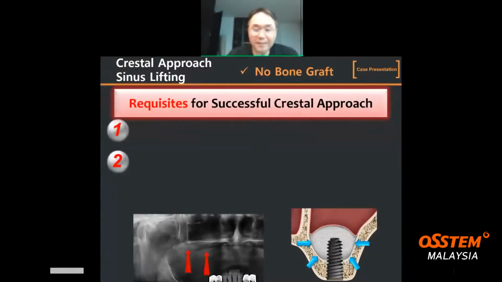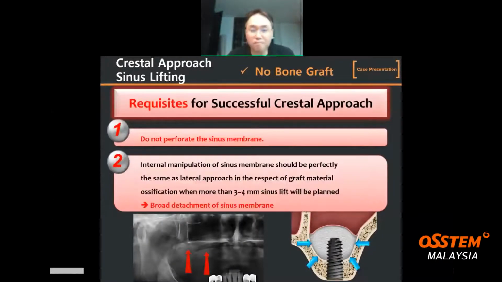So in the previous case, I used this osteotome, but let's remind ourselves of the requisites for a successful crestal approach. To perform successful crestal approach sinus lifting, we should not perforate the sinus membrane.